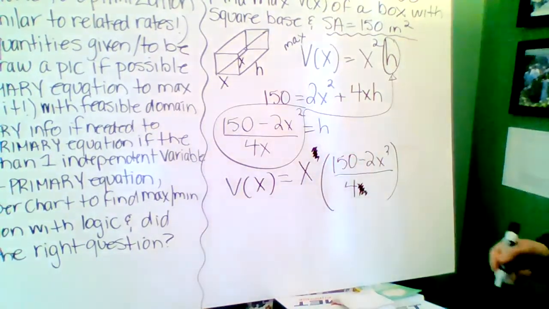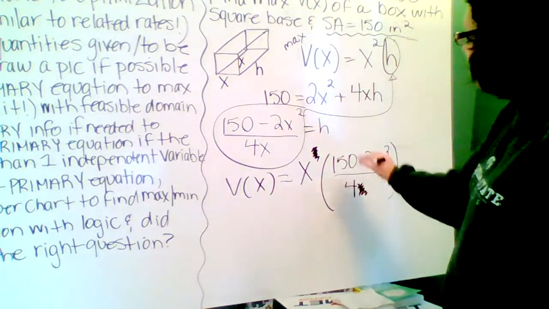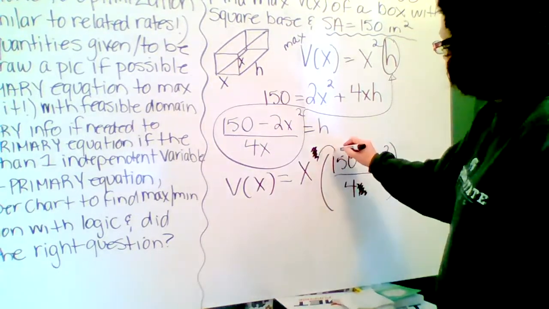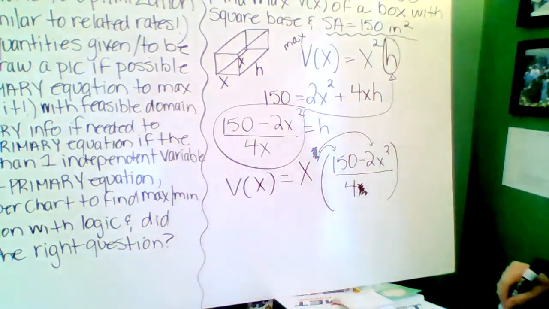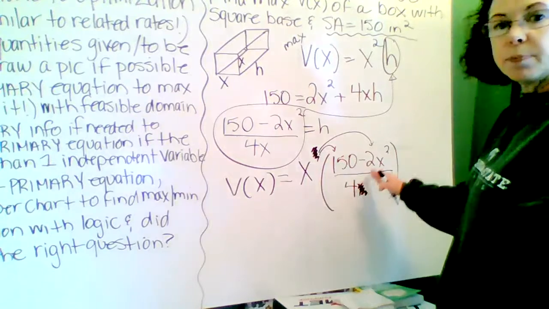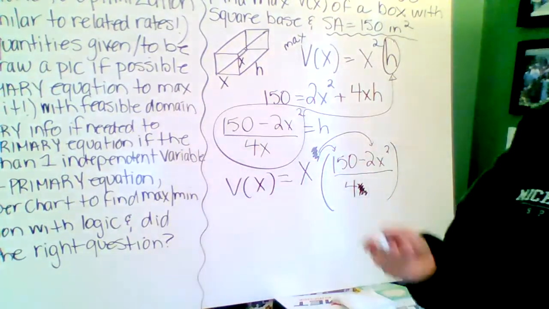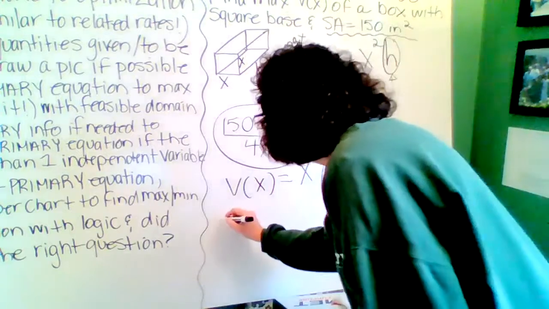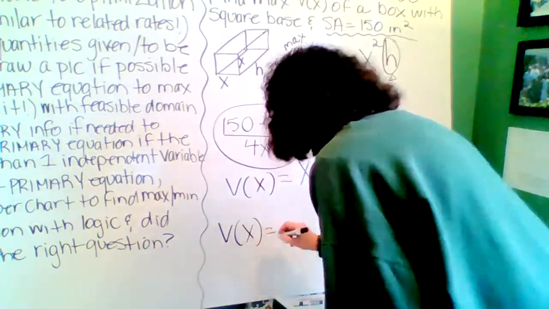And I think it might be nicer if I break this into 2 pieces, right? So I am going to distribute the X here and here to the 150 and to the minus 2X squared. And I'm also going to split up these 2 pieces so that maybe I don't have to have a quotient rule, okay? So let's do those 2 things together.